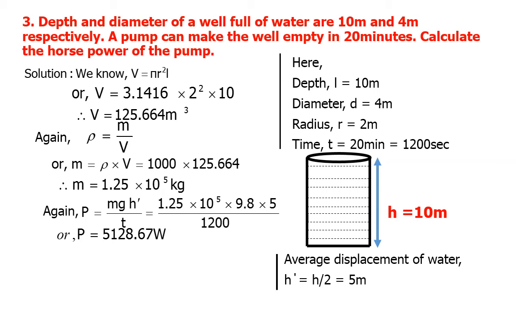But we have to convert into horsepower unit, because in the question it is mentioned that we have to calculate the power in horsepower. So what do we have to do? We have to divide by 746, then we'll get horsepower unit, and the power of the engine will be 6.87 horsepower. That's the result. Hope all of you understood.